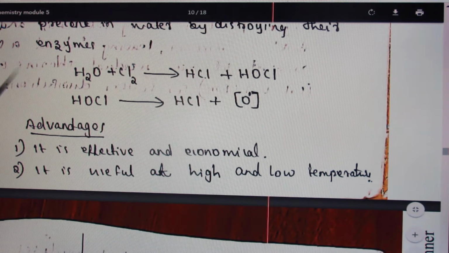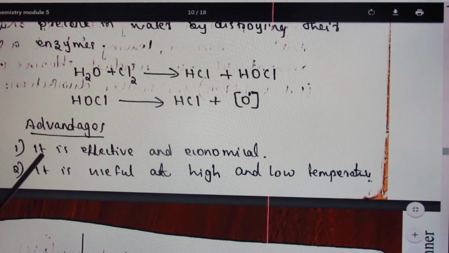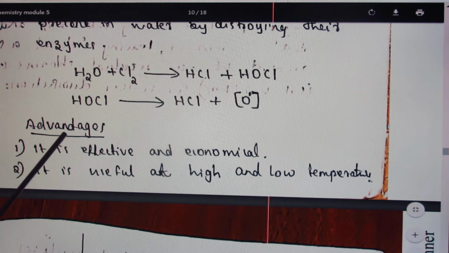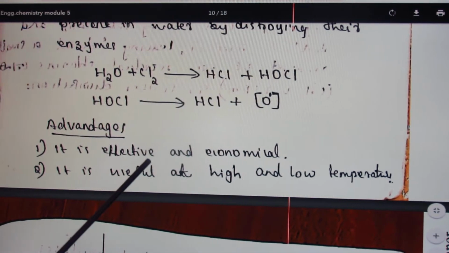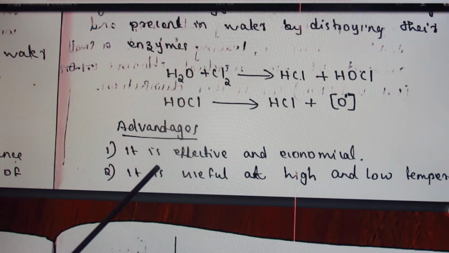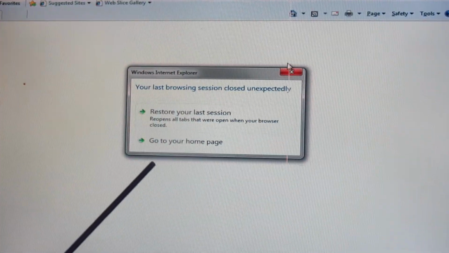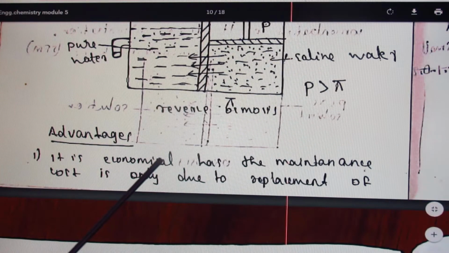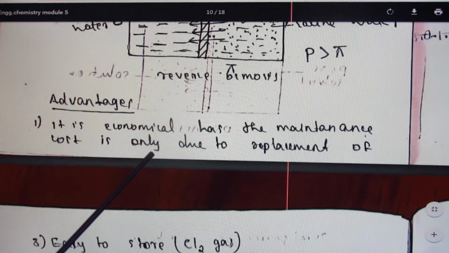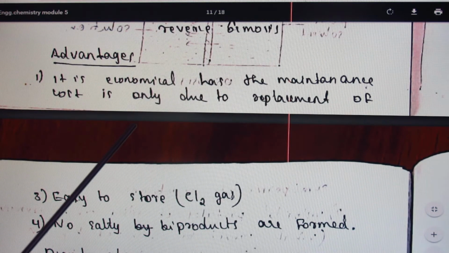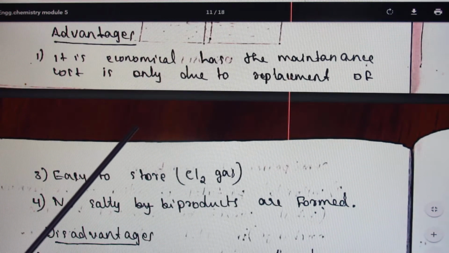Then the advantages of the chlorination process: it is highly economical and it is effective in nature. At the same time, it is useful at high and low temperature. It can also be used for other purposes.